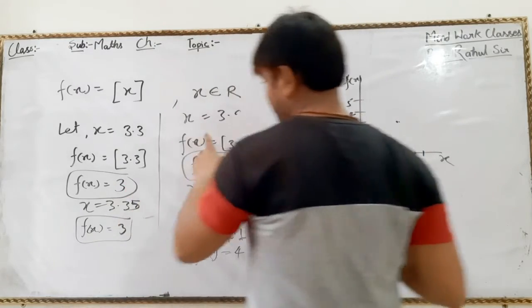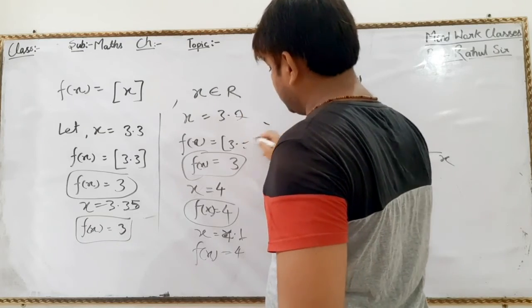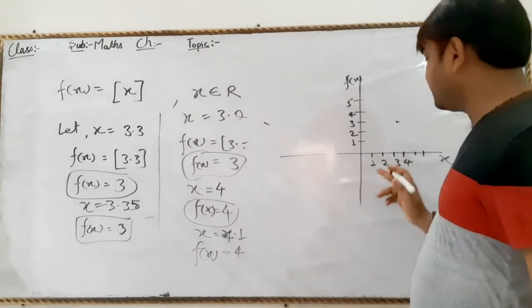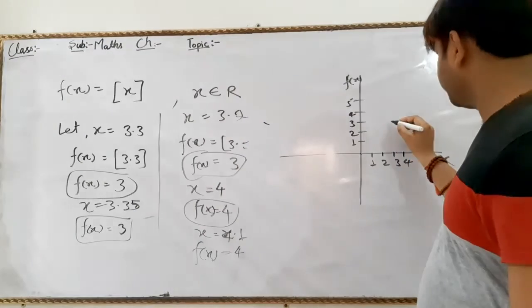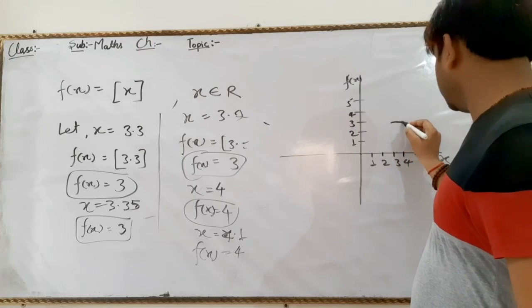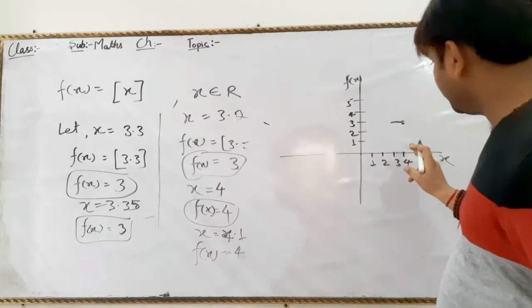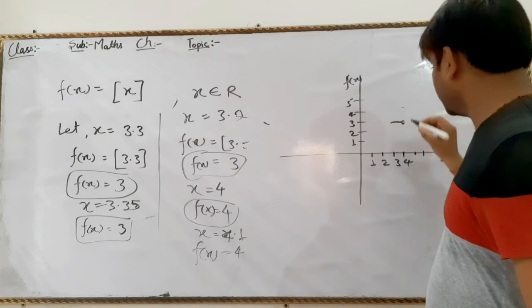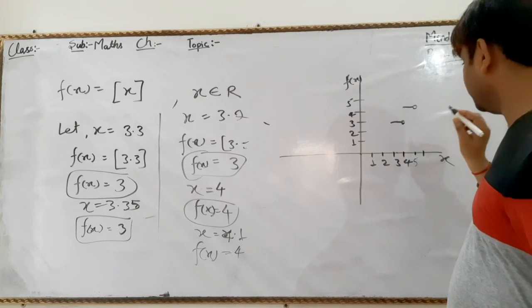Now if we put the value of x equal to 3.999 and so on, the value will still be equal to 3 only, and this segment starts from here. As soon as we reach 4, the value becomes 4, and this continues up to 5.